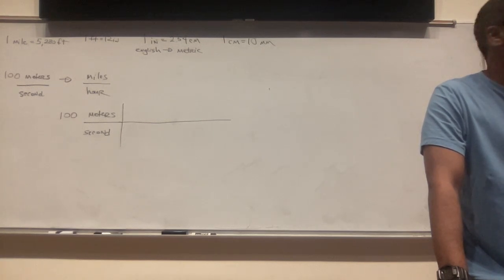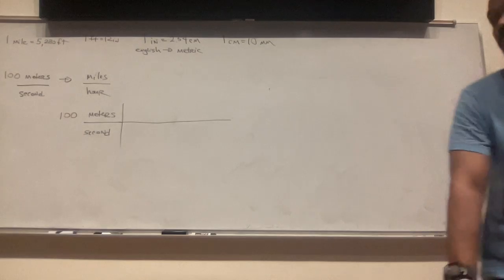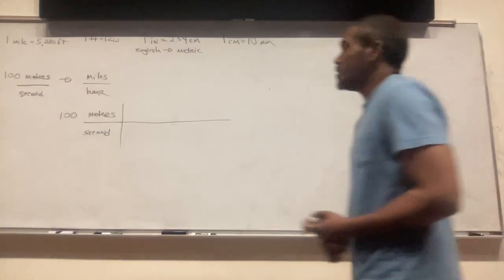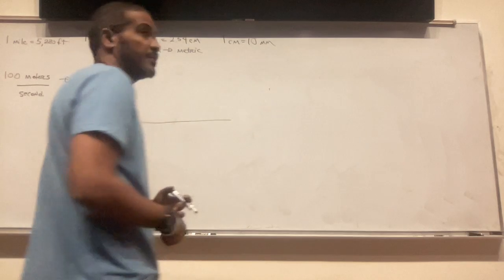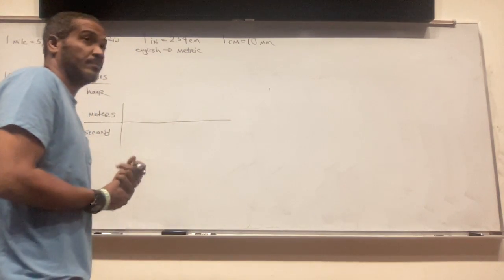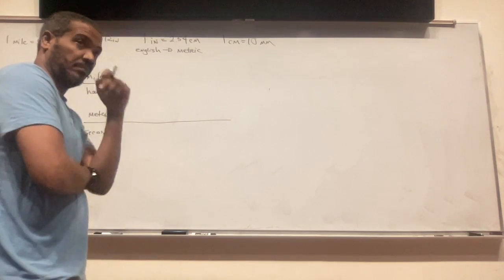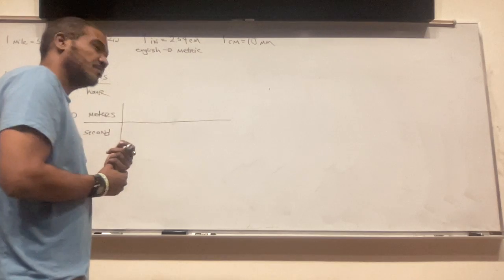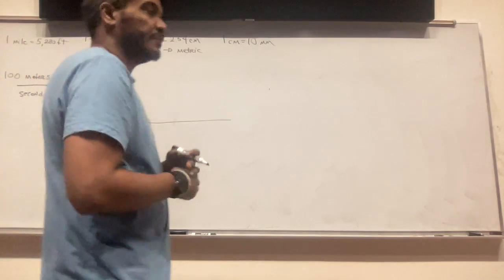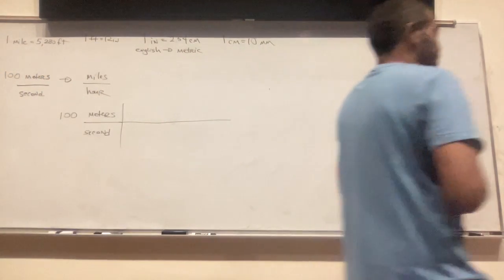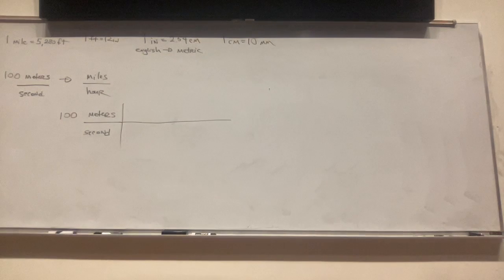We can change meters to inches. You say we're gonna change meters to inches. Okay. So there's 0.0254 meters in 1 inch. Okay, I know you probably looked that up, right?